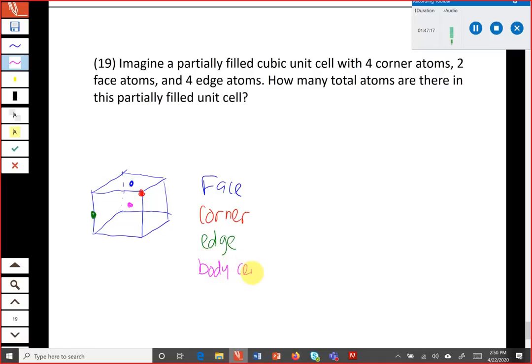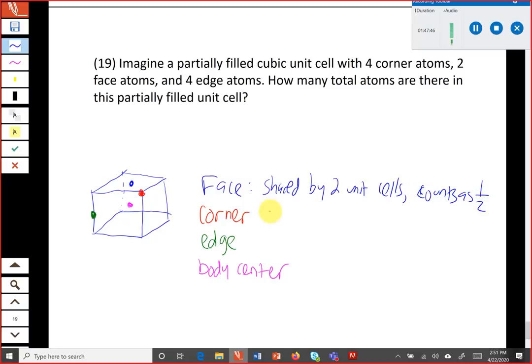So these are the 4 different places we can put atoms, and all these different positions are shared in different ways by the neighboring unit cells. So a face of a cubic unit cell is going to be shared by 2 unit cells, which means if we're counting the atom for that individual cell, it counts as 1/2. Because it's shared between 2 unit cells, it counts as just 1/2 of an atom for that cell.